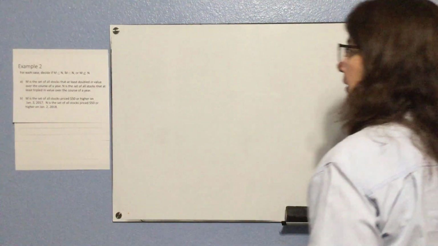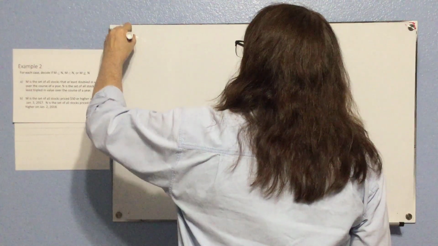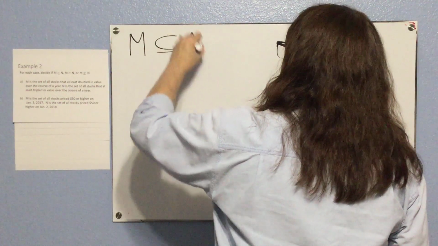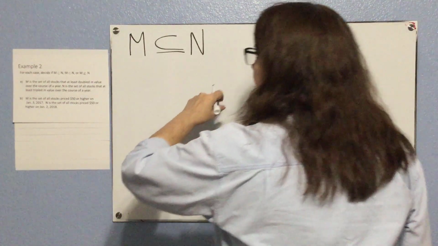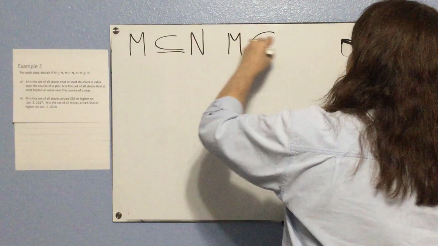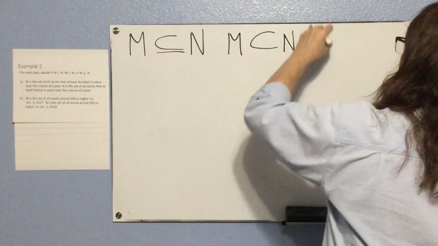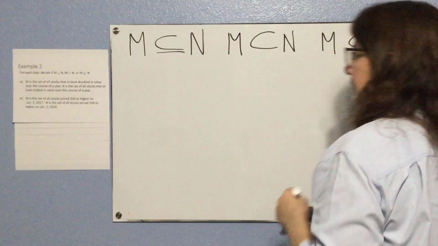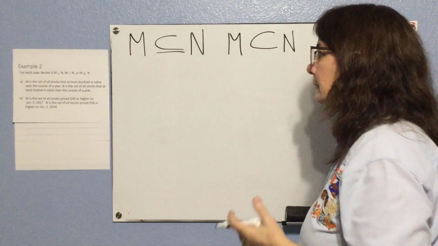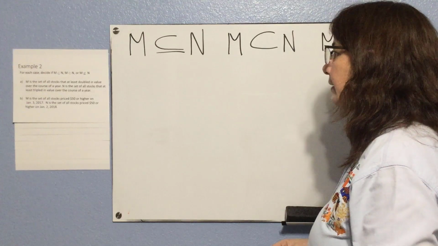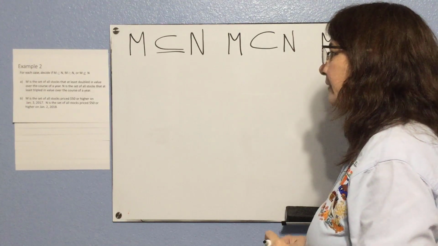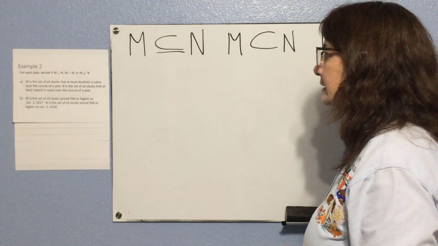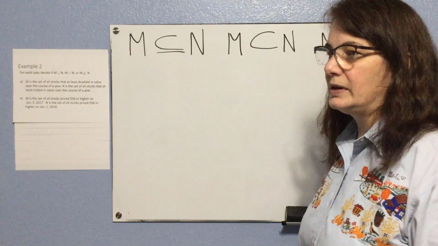In this example, we're going to look at 3 situations and decide which one applies. M is a proper subset of N, or M is a subset of N. The next one is M is a proper subset of N, or M is not a subset of N. And my first situation is M is a set of all stocks that at least doubled in value over the course of a year. And N is the set of all stocks that at least tripled in value over the course of a year.